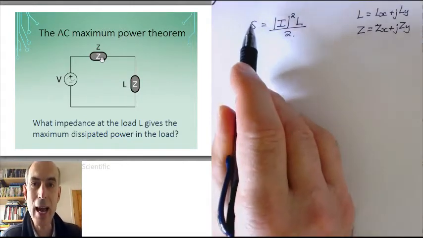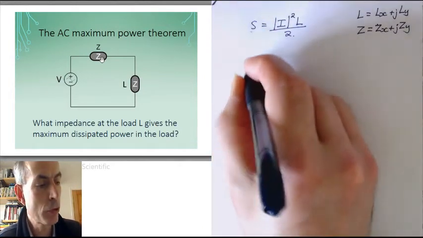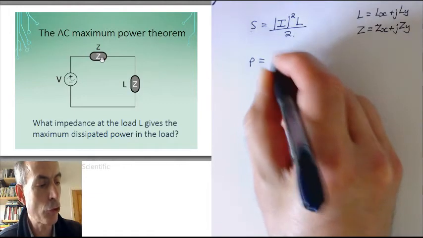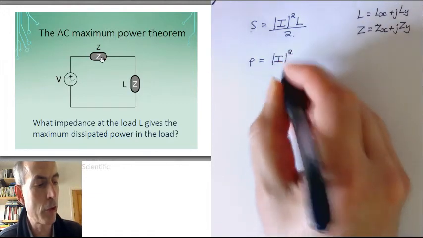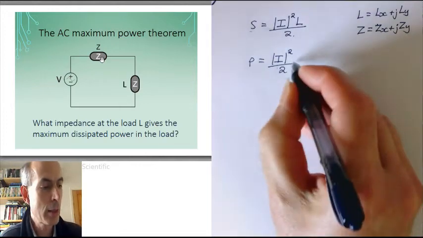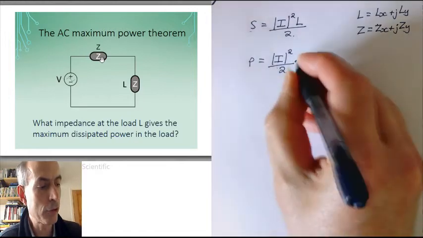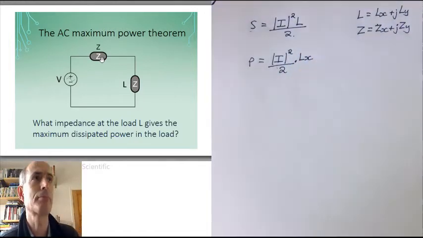Now the active power, the power that's actually dissipated in the load, we could write as the modulus of the current squared divided by 2, because those are just both real quantities, times the real part of L, which is Lx, so it's just equal to that.